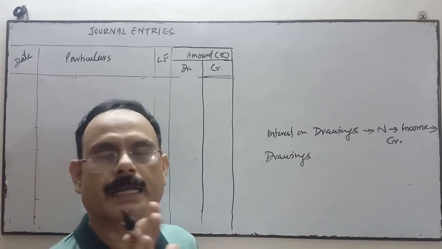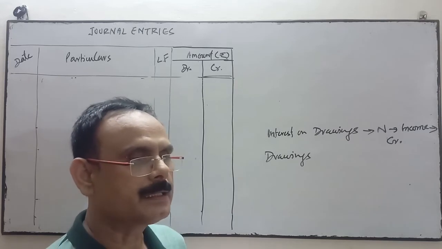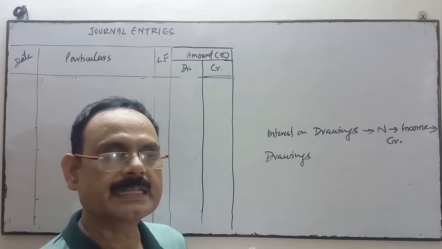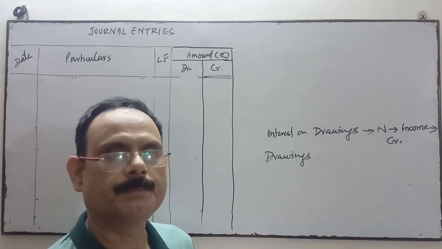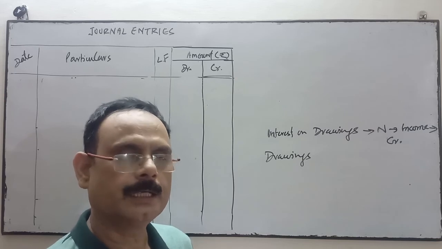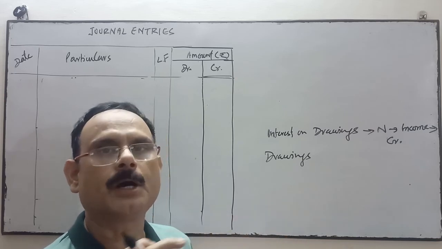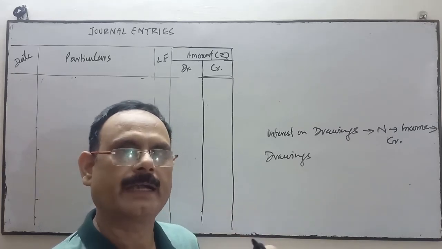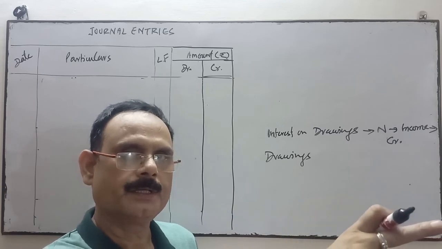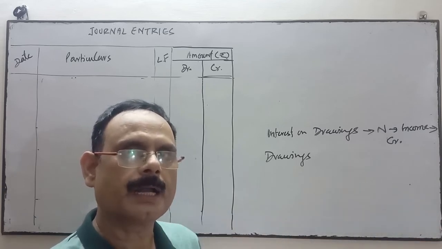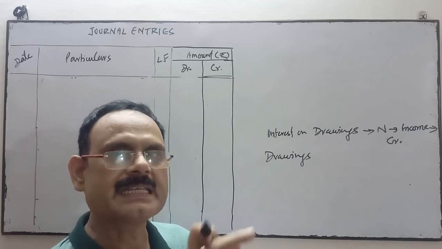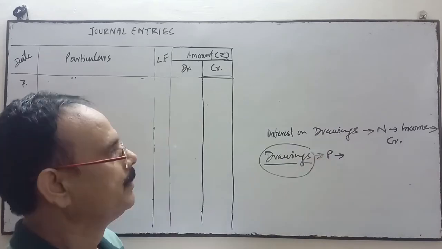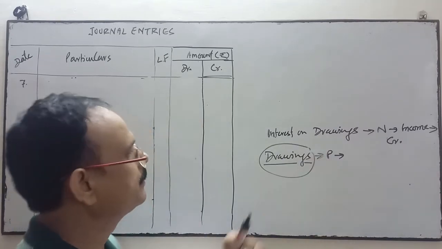It means business money is in the hand of the proprietor. Where is that interest money? If the proprietor has not given me that interest, then that 1000 rupees is in the hand of the proprietor. It means the business has given the money to the proprietor. It comes under personal account. Interest on drawing is credit.